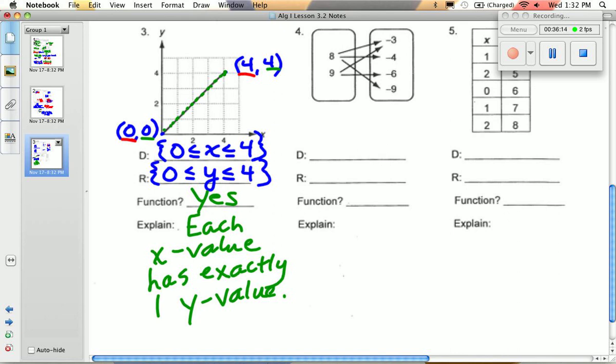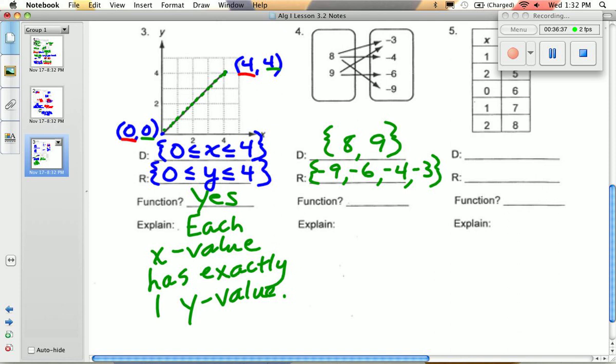Okay, what's the domain for number 4? 8 and 9. Remember the mapping diagram kind of shows it to you, doesn't it? And then what's the range? -9, -6, -4.